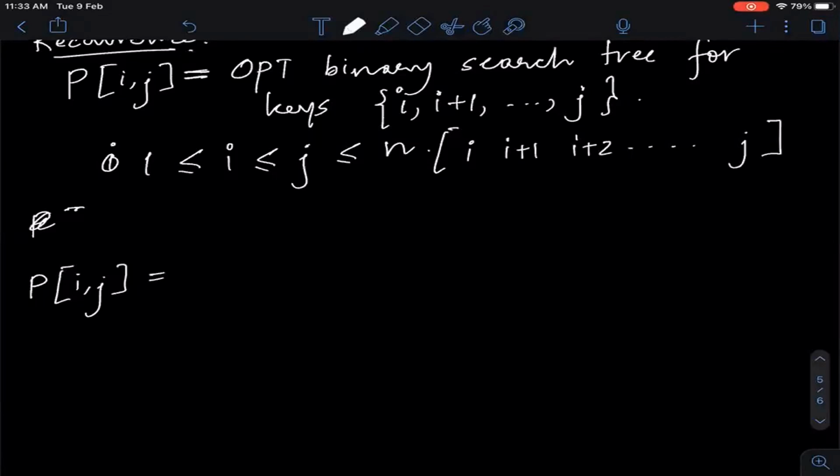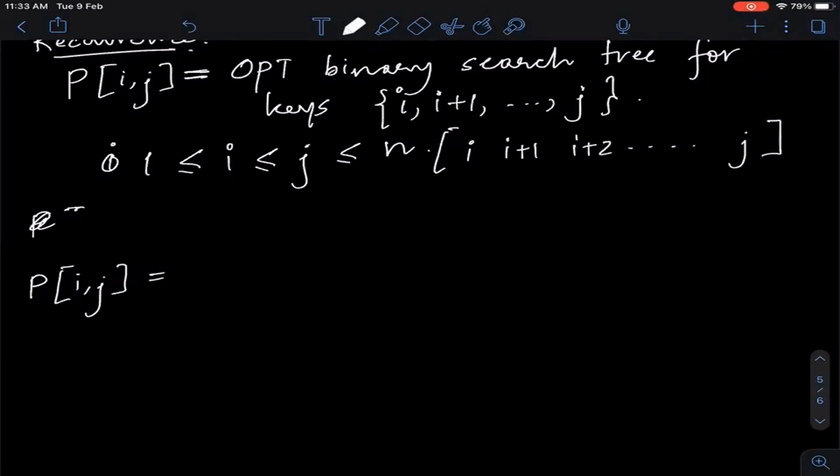Hello Kevin, I know you've got the answer, but let's do it step by step. Very good, it's j minus i plus 1: one particular case for every choice of root.